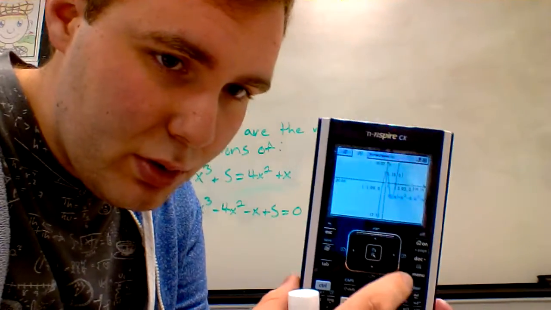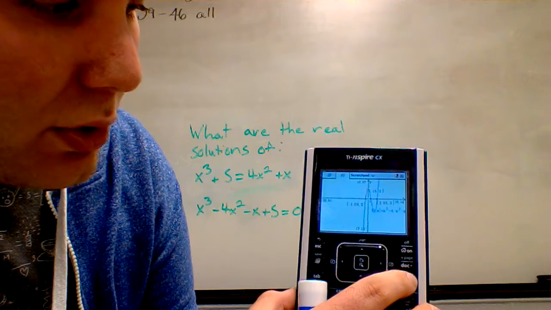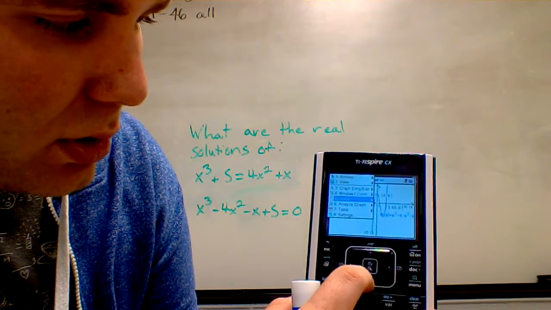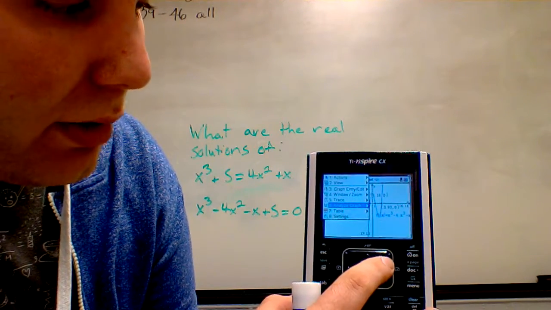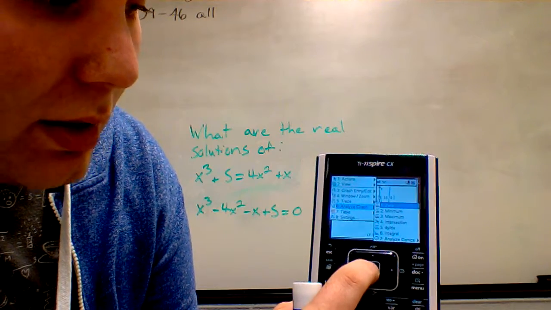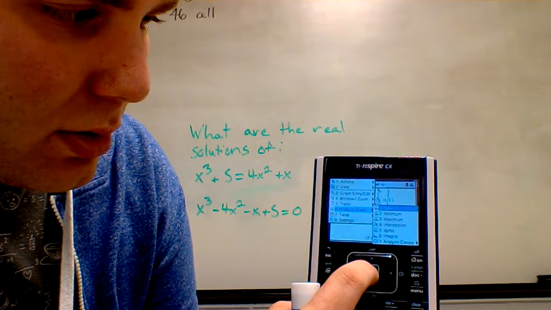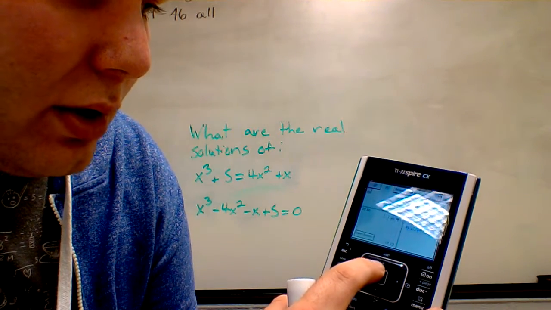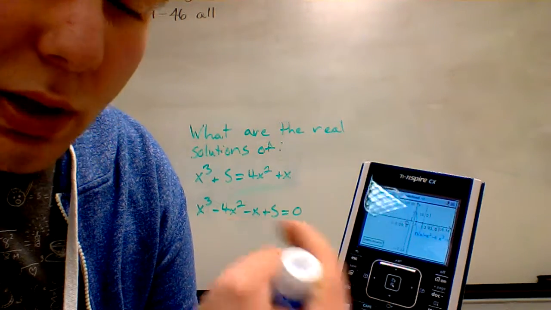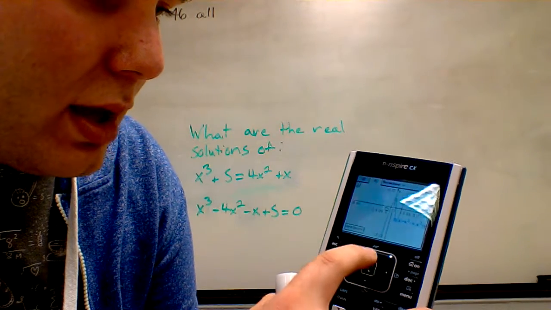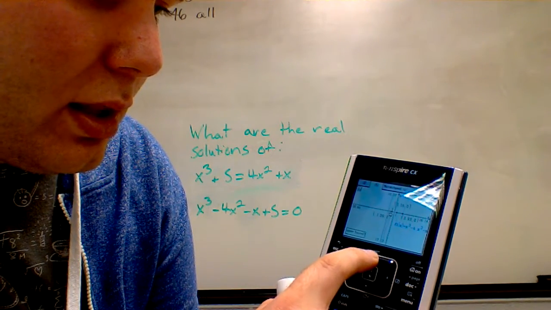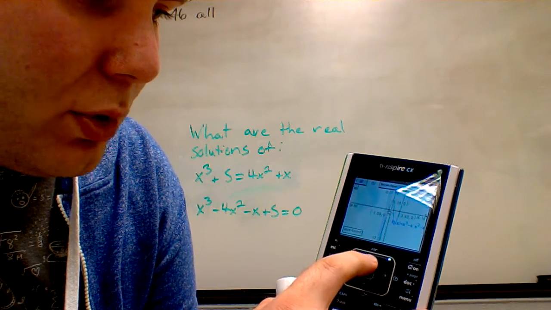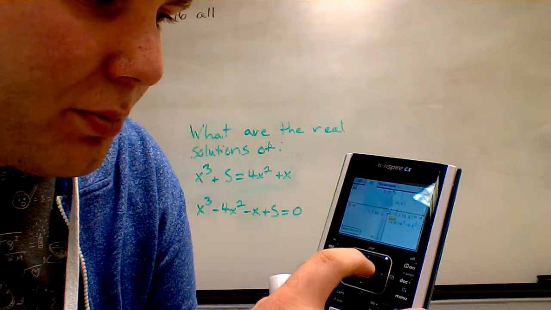What you're going to have to do is go under here to Menu, Analyze Graph, and then there's a 0 button. When you click on the 0 button, it's going to be this thing where you have the line. The line needs to be to the left of where you see something crossing the axis. And then you press the center button, and then you move it to the right of where you see that.